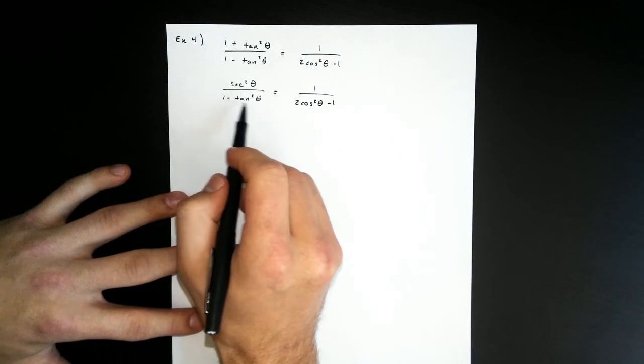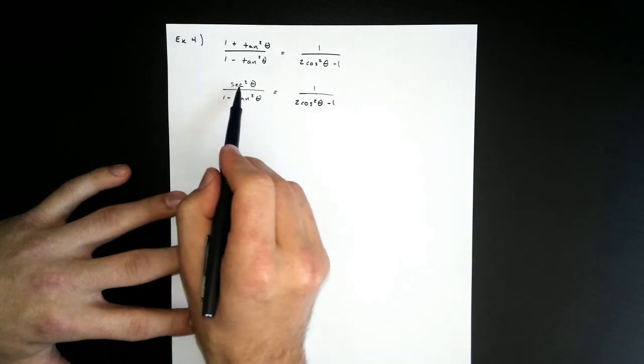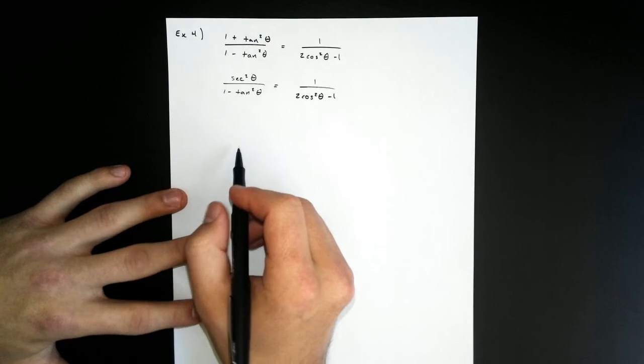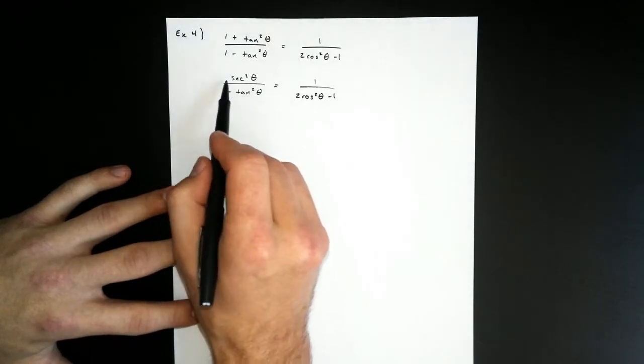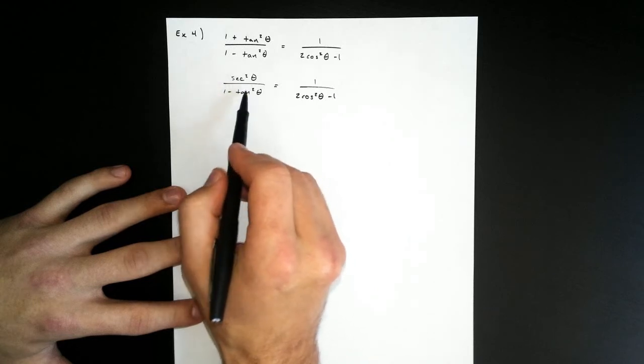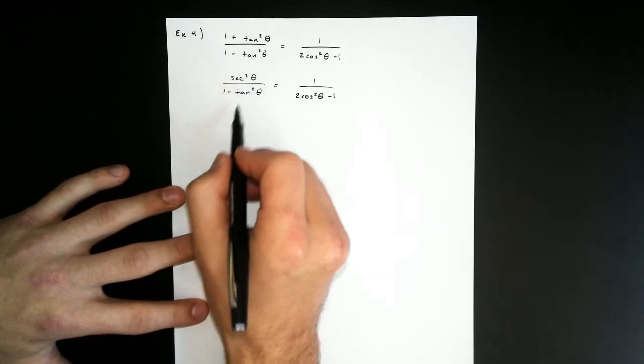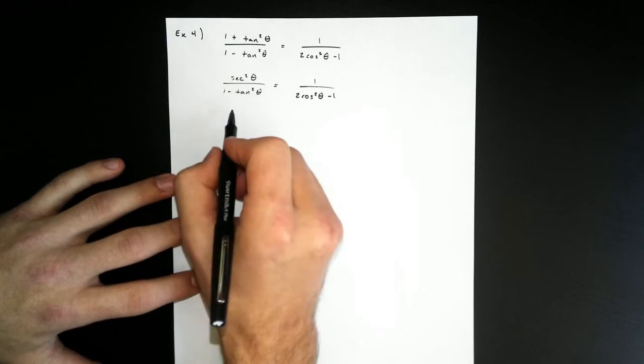Now from here I am going to rewrite all of this in terms of sine and cosine. 1 minus the tangent squared is not a Pythagorean identity, and I want to simplify this fraction, so let's rewrite in terms of sine and cosine and see what we come up with.